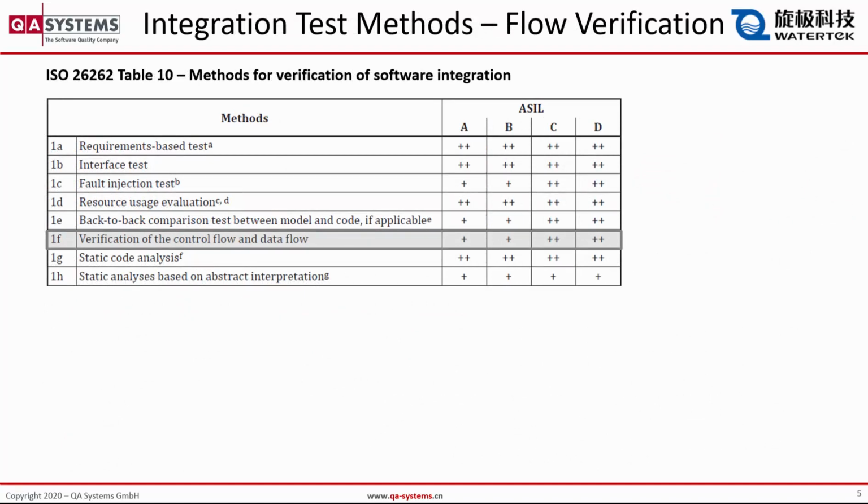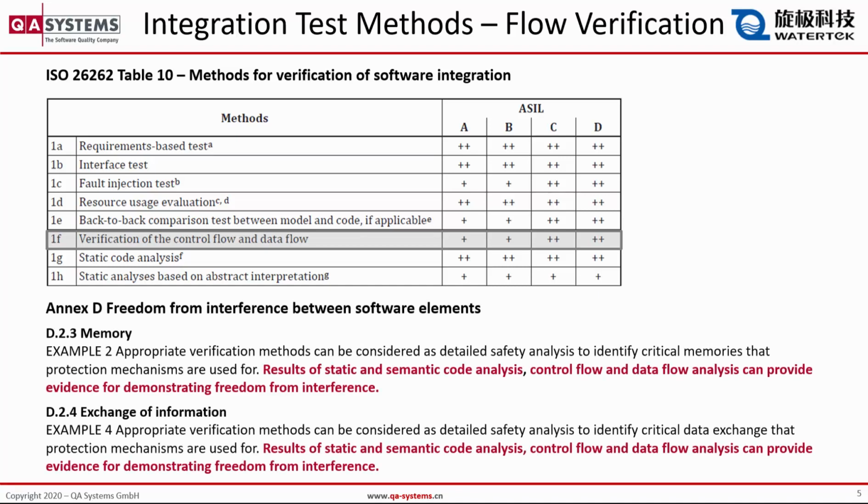In terms of Table 10, the methods for verification of software integration, there is also the verification of control and data flow. Again, variations of recommendations by ASIL. Annex D, the informative part of the standard, provides examples of possible mechanisms that can be considered for the prevention or detection and mitigation of the listed faults.